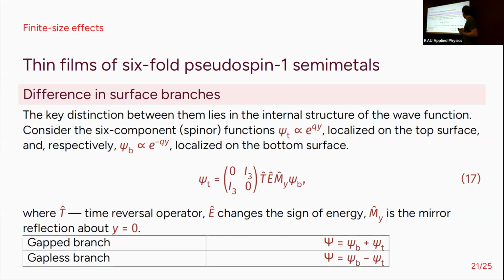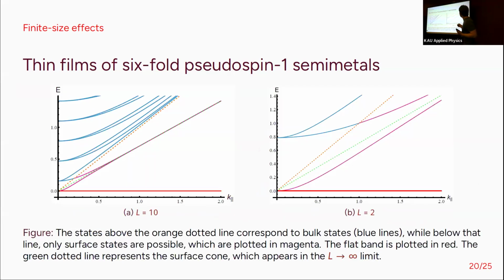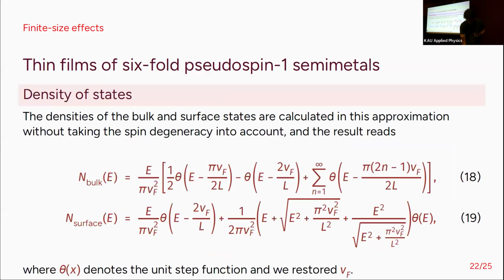It is understandable why it is a sum. If you look again, you see that the gapped branch is continued into the bulk region.